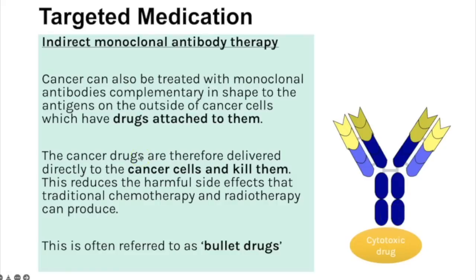The cancer drugs are therefore delivered directly to the cancer cells and can destroy those cells only. This reduces the harmful side effects that traditional chemotherapy and radiotherapy can produce. This is sometimes called a bullet drug because it's being directed to just one particular site.